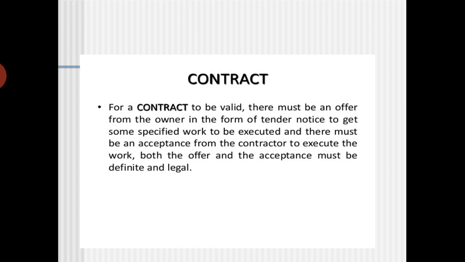Both the offer and the acceptance must be defined and legal. There must be an offer from an owner in the form of a tender notice to get the specified work executed within a specified time.